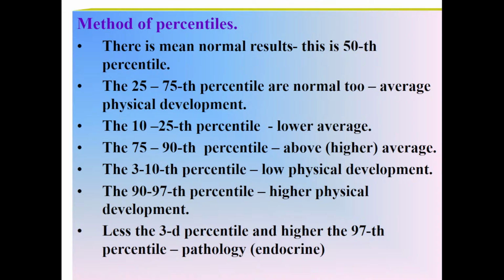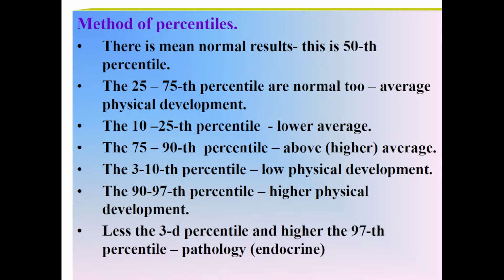Low average is between 10 to 25 percentiles, 75 to 90 percentiles is about or higher than average, from 3 to 10 percentiles is low physical development, and over 90 to 97 percentiles is higher physical development. Less than 3 percentiles and higher than 97 percentiles is pathology, endocrine.